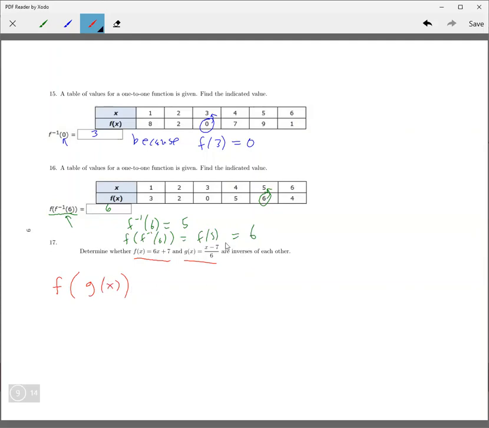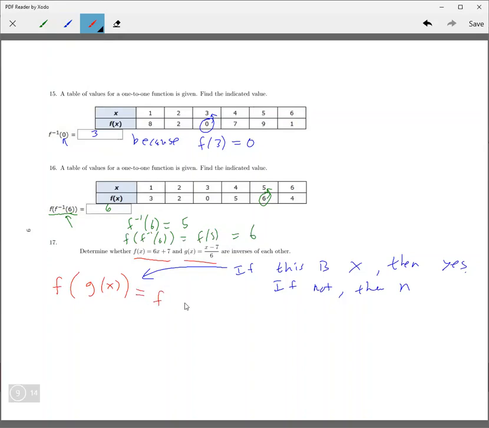And the way that you can tell is if this is X, then yes, they're inverses of each other. But if not, then no. Okay, so if this is X, then they're inverses of each other. If this is something else, then they're not inverses of each other.